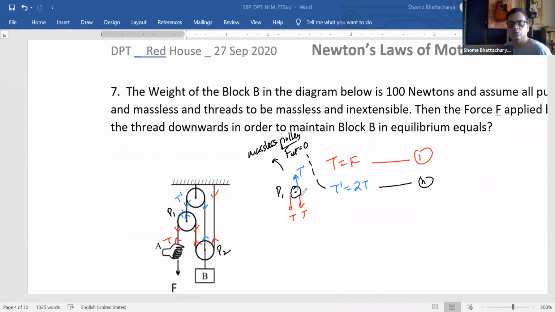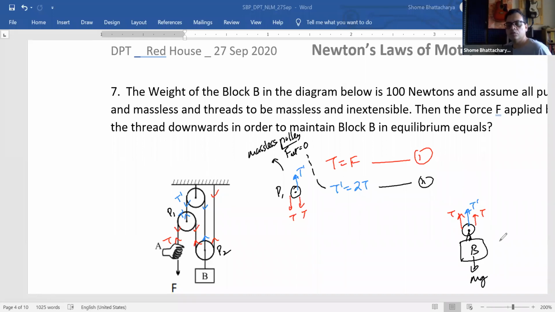Now look at the free body diagram of the block B with the pulley attached to it. The net force acting is T prime, which is 2T basically, plus T plus T, and of course there is the weight of the block.